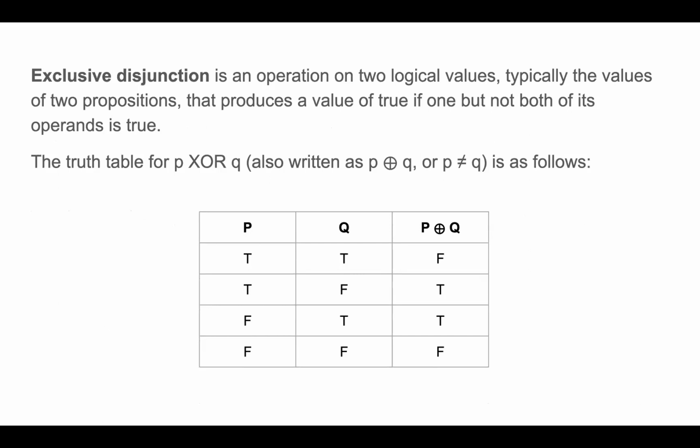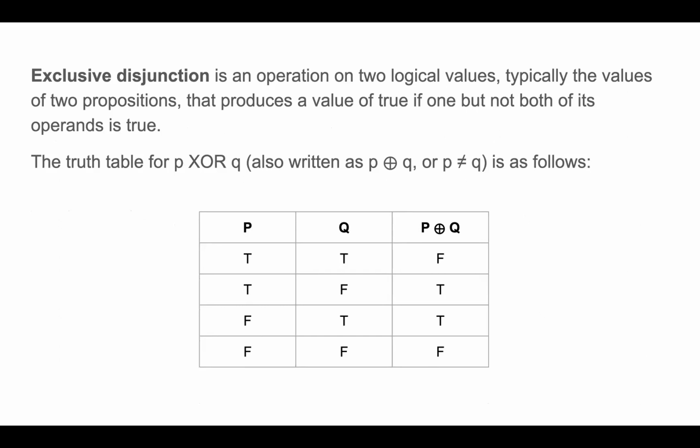Then exclusive disjunction, that is XOR. What is there in the XOR case? If both propositions are true or both are false, then P XOR Q is false.